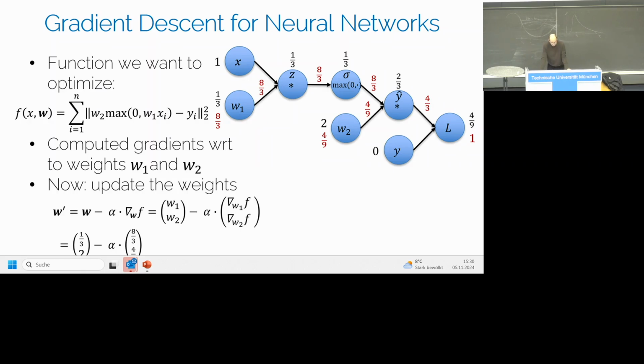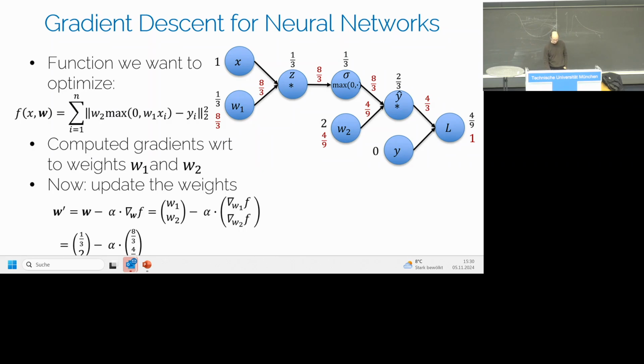And so in this fashion, I can compute numerical derivatives with respect to the various weights, and then I can update the weights like we saw: the new weight vector is the old weight vector minus learning rate times gradient.